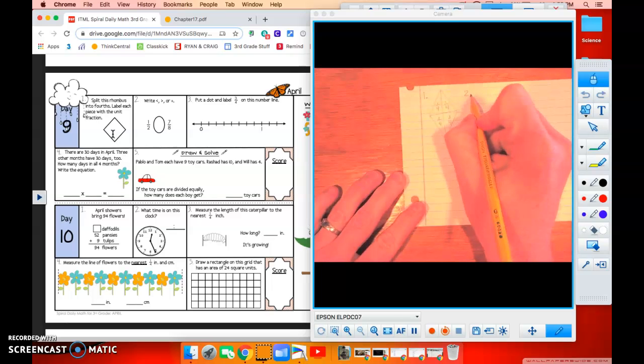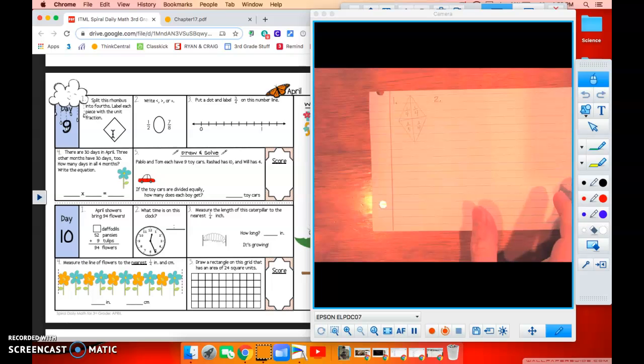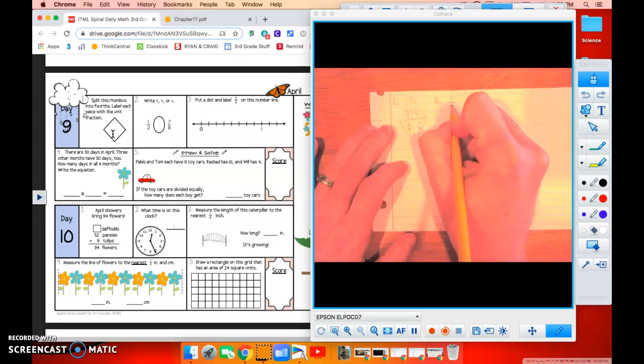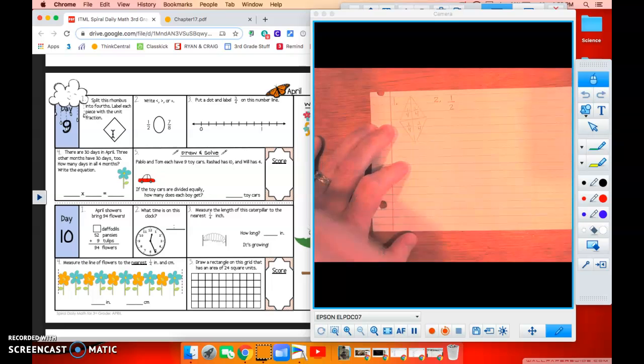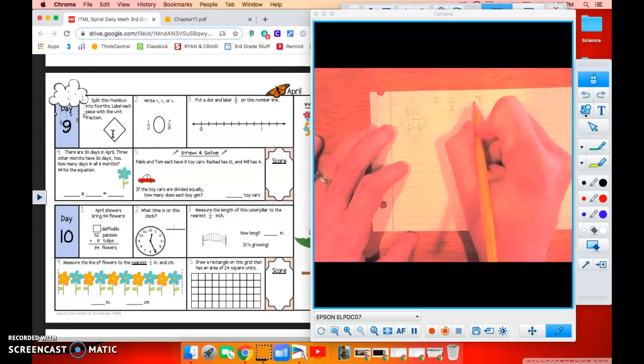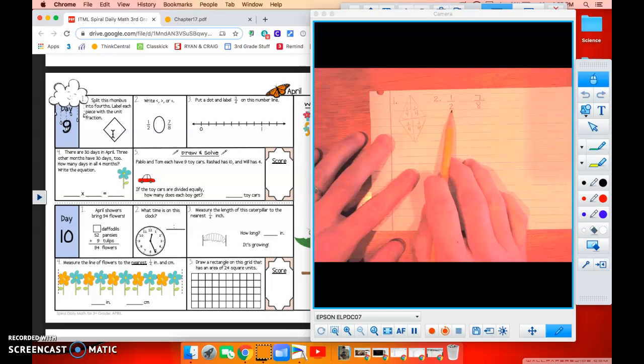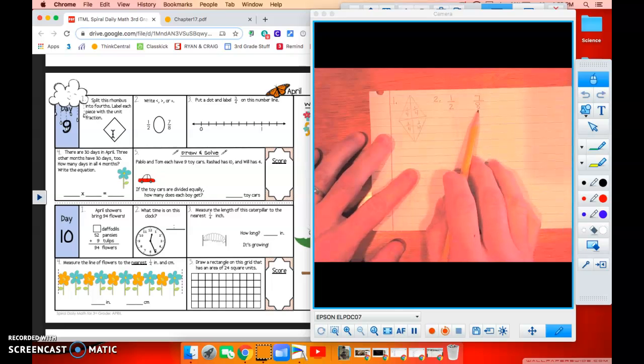All right, number 2. Write less than, greater than, or equal to. And we are going to be comparing 1/2 to 7/8. So I gave myself a little bit of extra room in here because I want to make my denominator the same as this denominator.